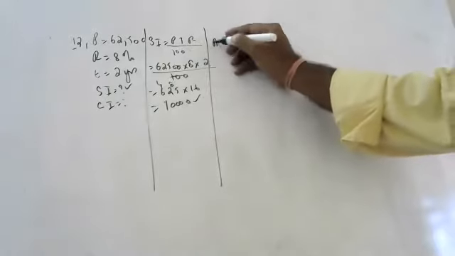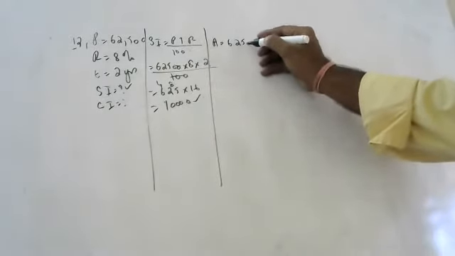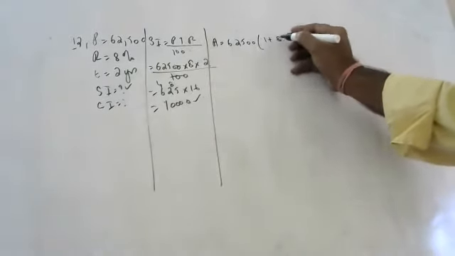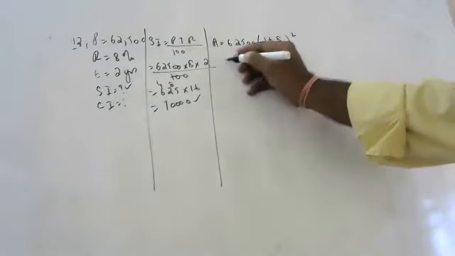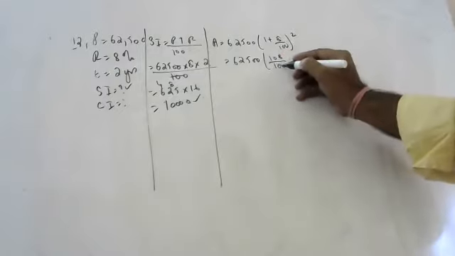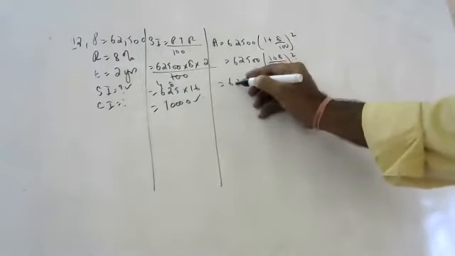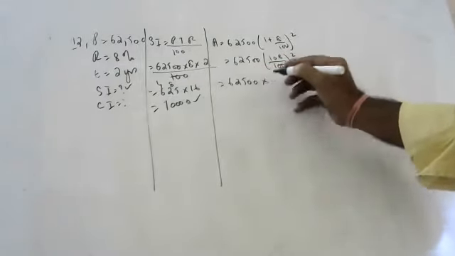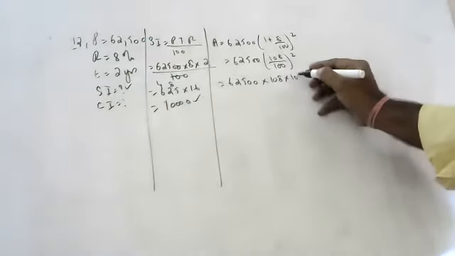Okay, Pravalika, can you tell compound interest? Yes. It is equal to 62,500 into 1 plus 8 by 100 whole to the power of 2. 62,500 into 108 by 100 whole to the power of 2. 62,500 into 108 into 108 by 100 into 100.